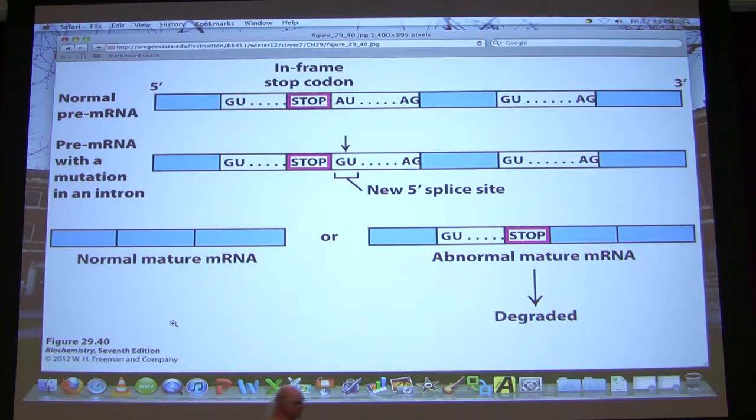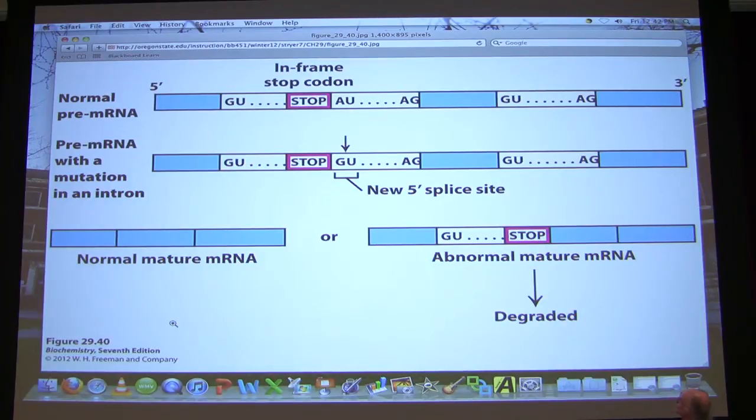Well, in this case, we see a sequence where an A is converted to a G. That creates a new 5' splice site. And the result of that is that a stop codon that otherwise would not play a role now plays a role in stopping translation.